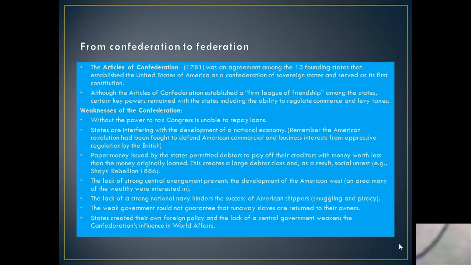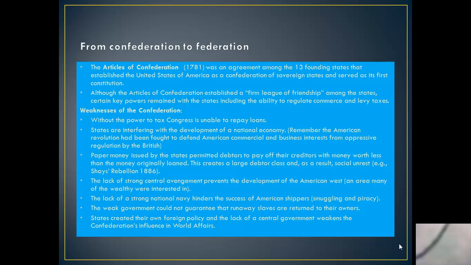In a confederation, power is located at the individual state level. They are more powerful than the national government. On the other hand, federation, federal government, means power sharing, a balance of power between the federal government and the states.